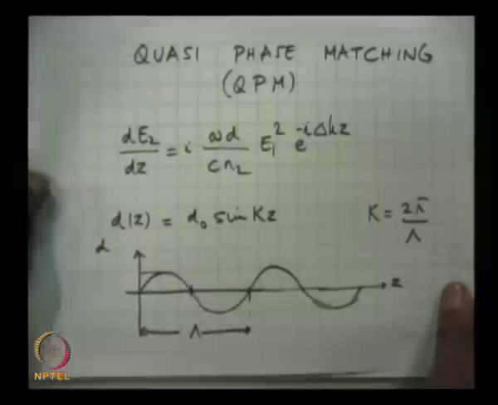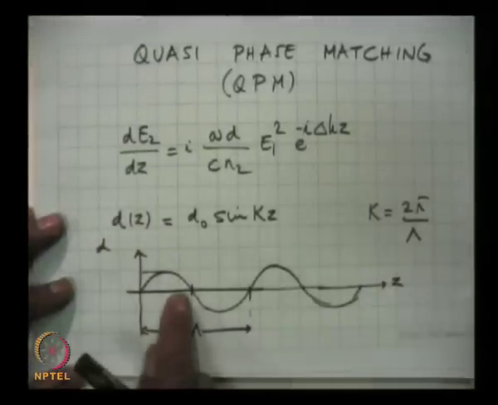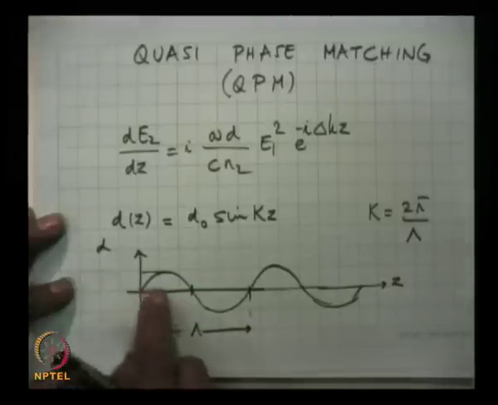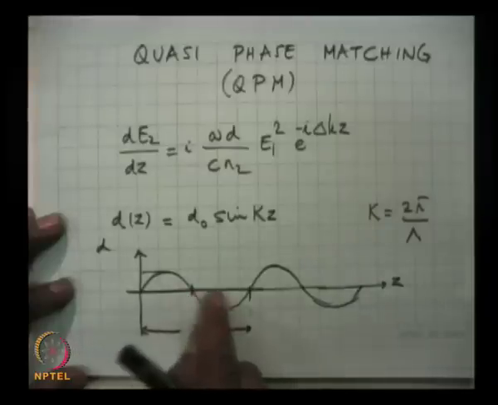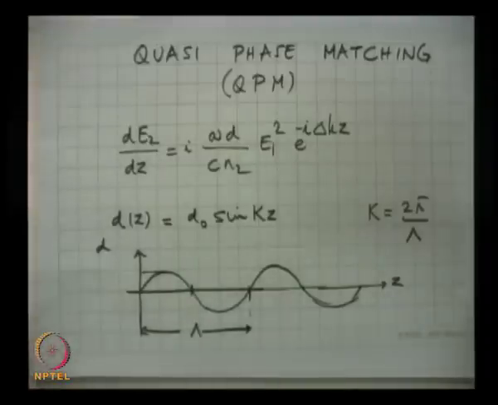This d is positive for one coherence length, negative for the next coherence length, next again positive. So, it changes sign every time you go through one coherence length. Magnitude is changing in between, but you change the sign. Change of sign means pi phase change.